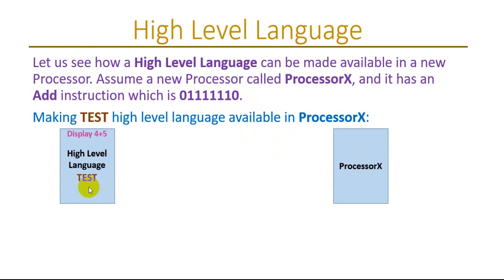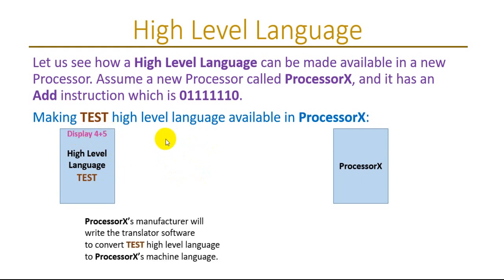So what will the manufacturer do? He will look at all the instructions in the test high level language and write the relevant translation. Let's look at the translation for this display only, for the moment. So here processor X's manufacturer will write the translator software. Translator is also software.